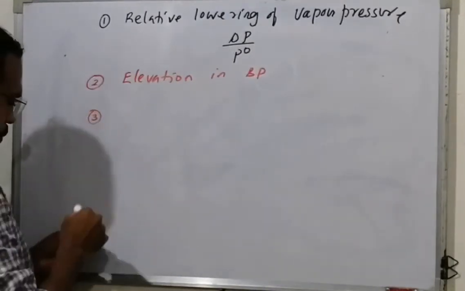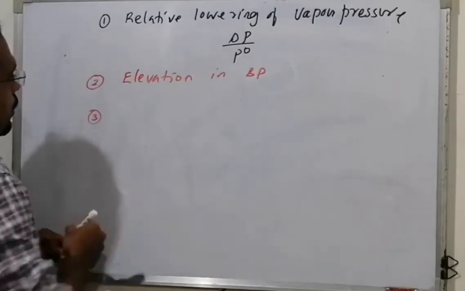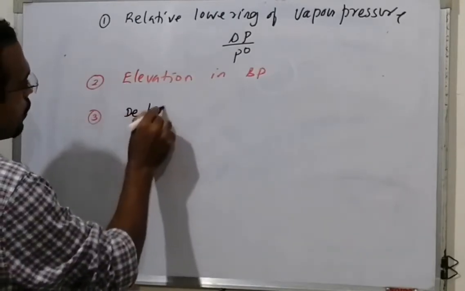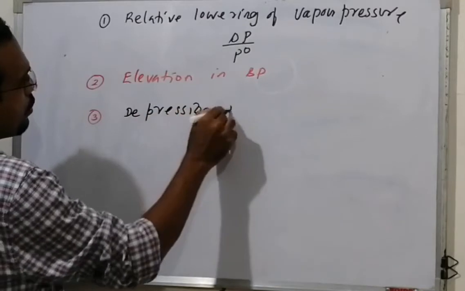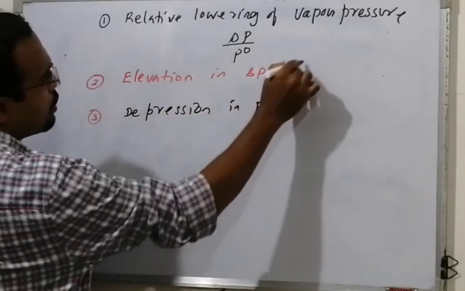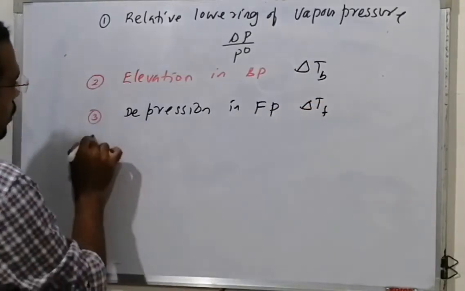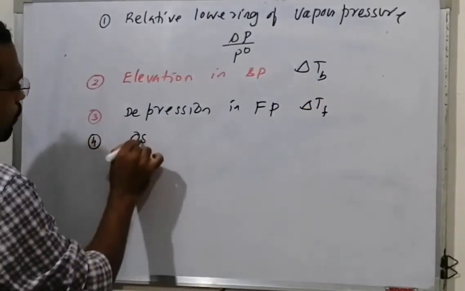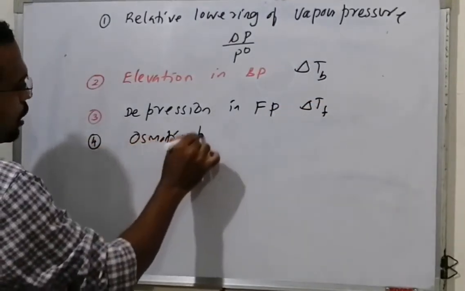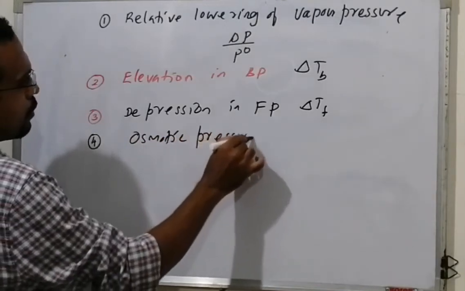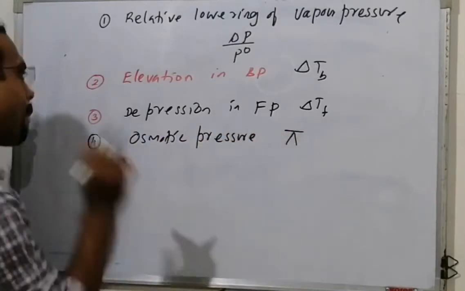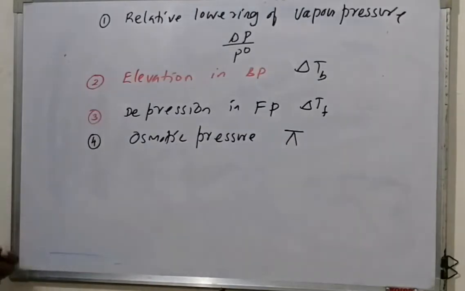Third, depression in freezing point. This is delta Tb. This is delta Tf. The fourth is osmotic pressure, pi. These are the colligative properties.